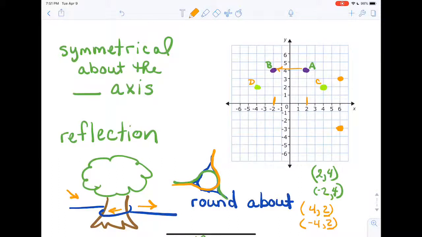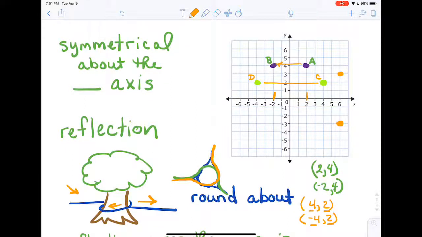So they are symmetrical about the y-axis. Now, it's not just that they're both on the 2, but they're the same distance from there. One is 4 on the right, one is 4 to the left. And if we think about our absolute values, we can know that they're each the same distance from the 0. So they are symmetrical about the y-axis.